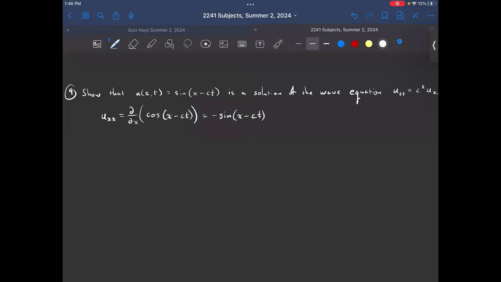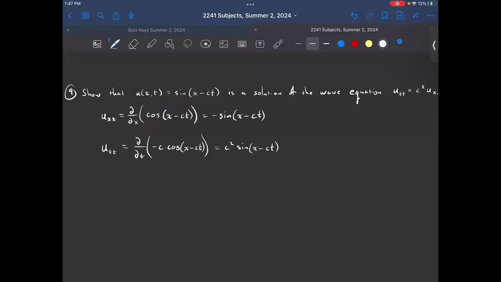All right. Now I need the second t derivative. I'll write this the same way. Again, I'm going to take the derivative of the sine function and get cosine, but now I take the derivative here, and I get minus c out. So minus c cosine of x minus ct. Let's do that one more time. And now I get c squared sine of x minus c times t.